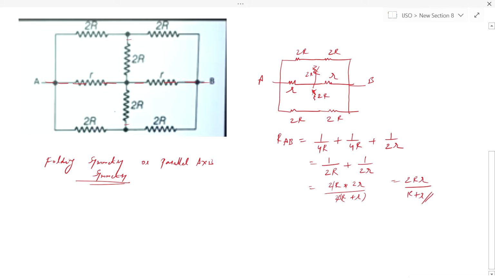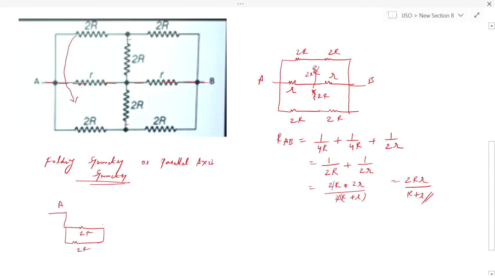So how will you do it? Let me help you out. A, then there is 2R resistance. This 2R will come on top, so again 2R. This 2R, and what about these both? They'll stay as they are.